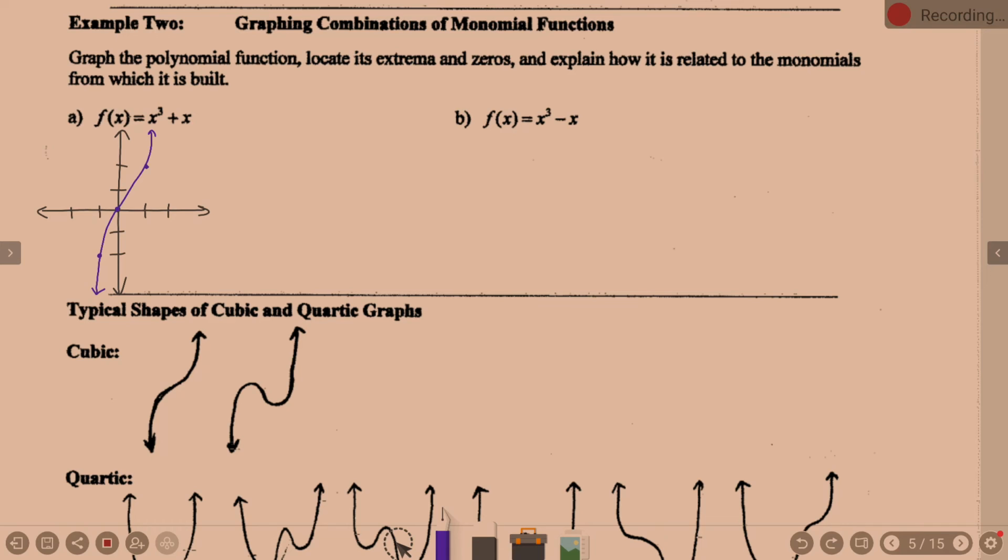So when they ask for extrema, it's asking you about any mins and maxes. What do we have in the way of mins and maxes here? Do we have any mins and maxes?